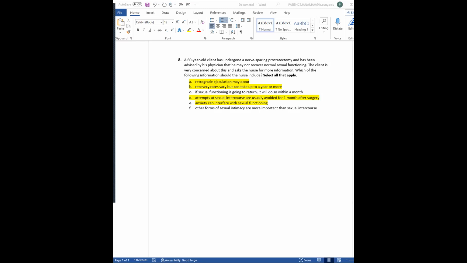That's Tylenol overdose. Insulin: the antidote for insulin is glucagon.